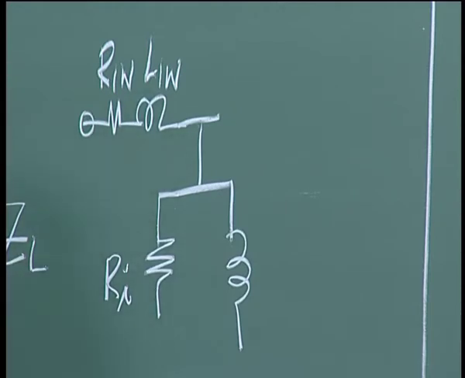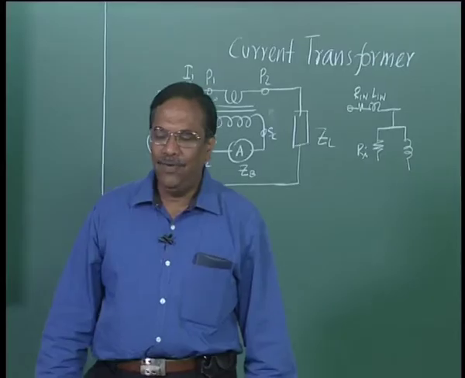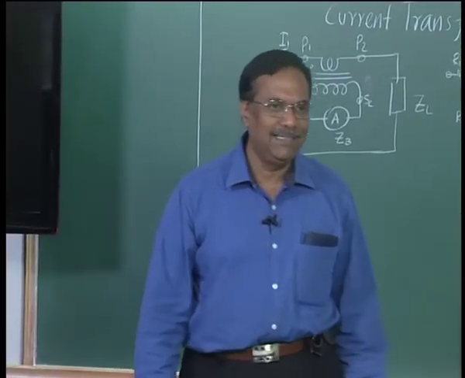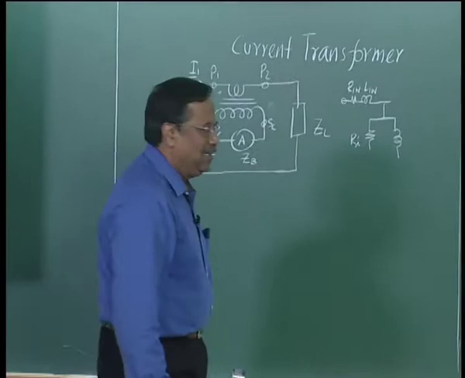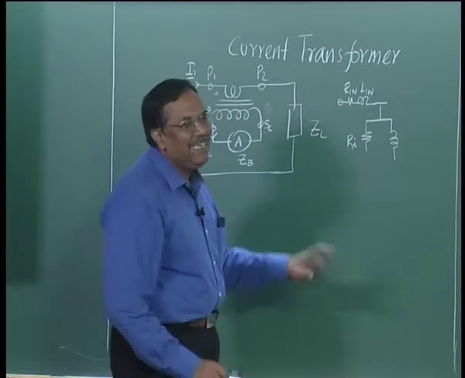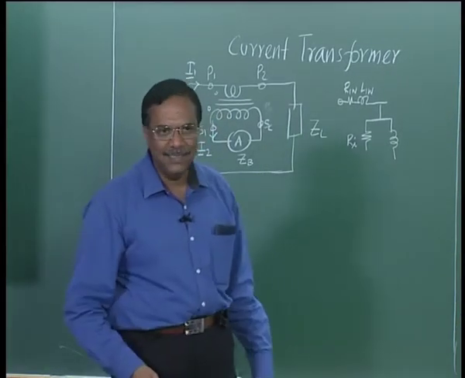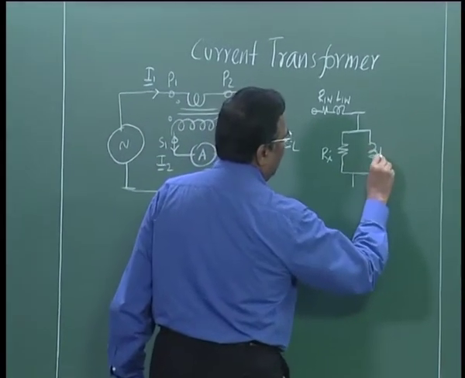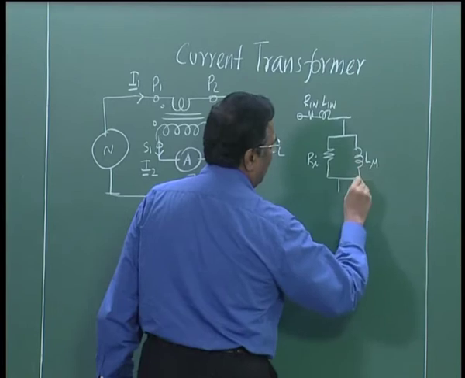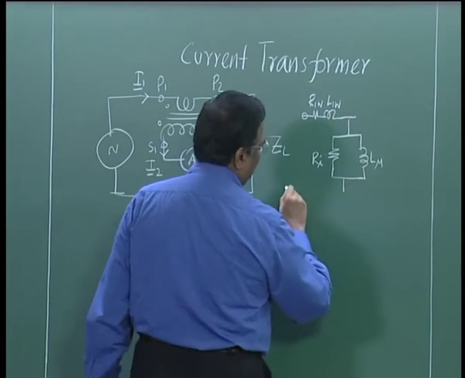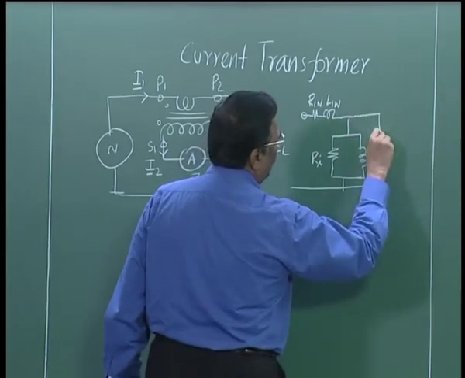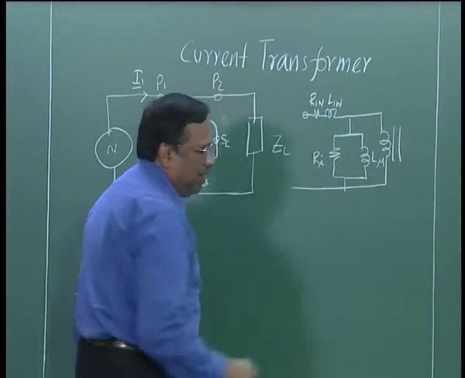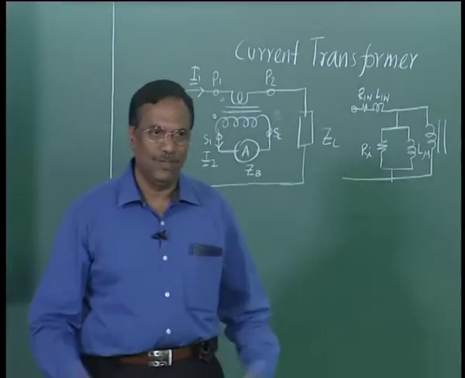R1W is the actual resistance of the winding, right. L1W is the equivalent reactance that represents the leakage flux. Similarly, Ri is the equivalent resistance that represents the iron losses in the core. Again, the magnetizing inductance L mu represents the flux in the core, right.